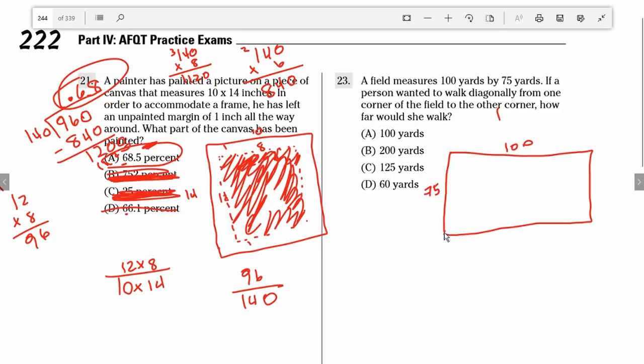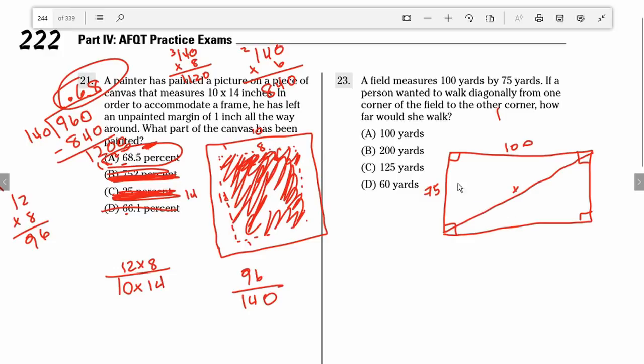The question is, how far would it take someone to walk from this point to this point, that is diagonally? Well, as you can see, these are all right angles in rectangles. And when you draw a diagonal across a rectangle, you actually split the rectangle into 2 right triangles, okay? And this is the distance we're after.